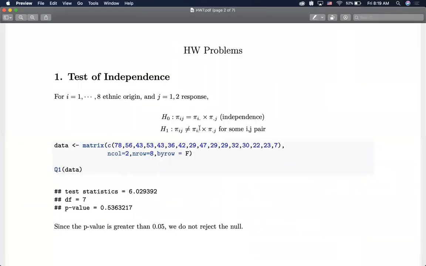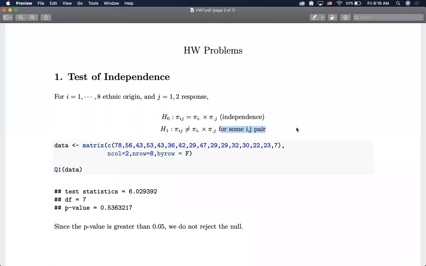If there isn't a relation, that's independence, then the probability of this cell will be just the product. If there is a relation, then it will not be independence anymore. There will be some other relation. We don't know what that would be, but it is not going to be an independence case, for some ij.